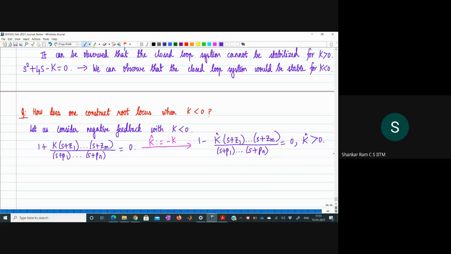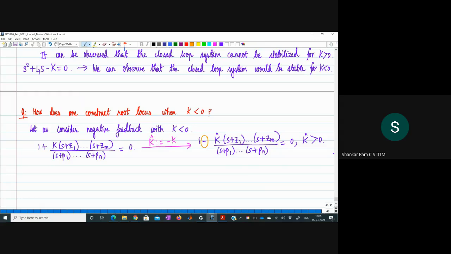So we just took the closed loop characteristic equation of the negative feedback system, and then we looked at a simple transformation of having k hat equal to minus k, and we ended up with a pseudo positive feedback system, right?